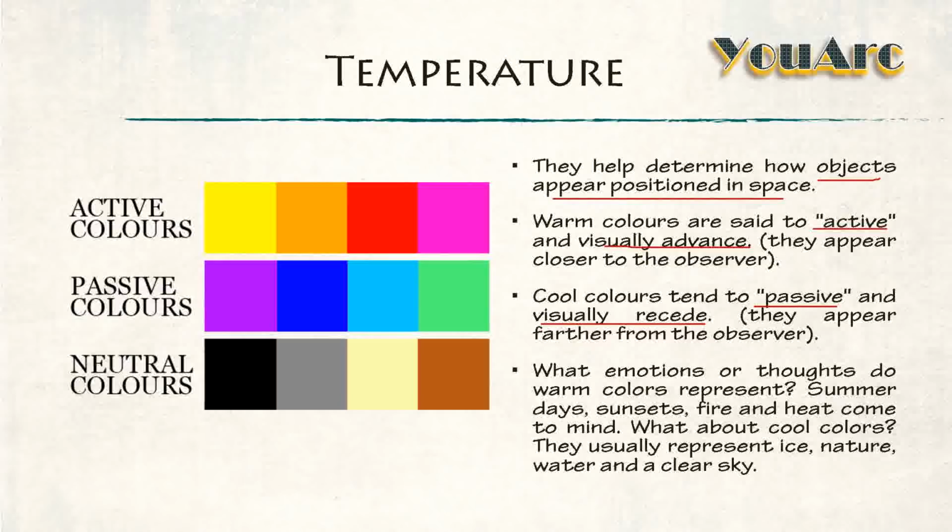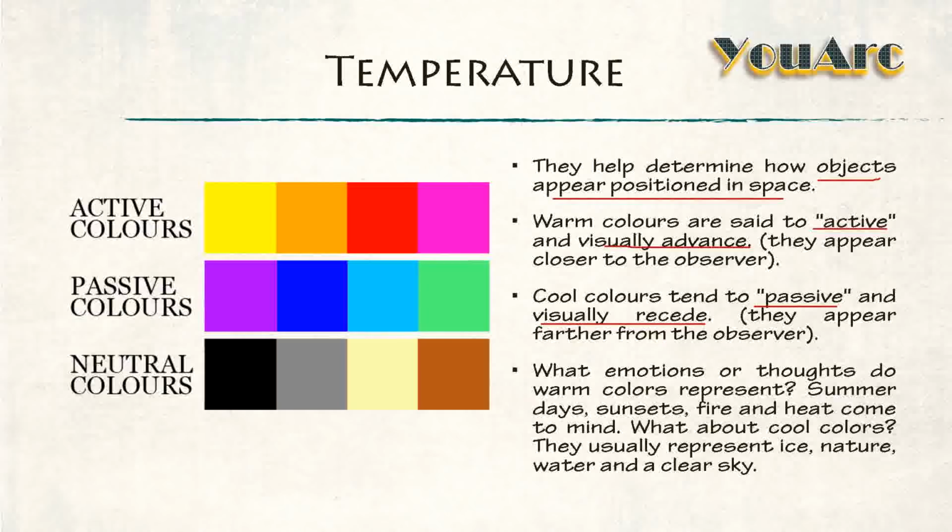So what emotions or thoughts do you get when it is warm colors or cool colors? For warm colors, it is like summer days, sunset, fire, heat that comes to our mind because we remember these colors, right? Red, orange, and yellow. All these colors remind us of these sets of emotions. So what about the cool colors? They are blue, green, and violet, right?